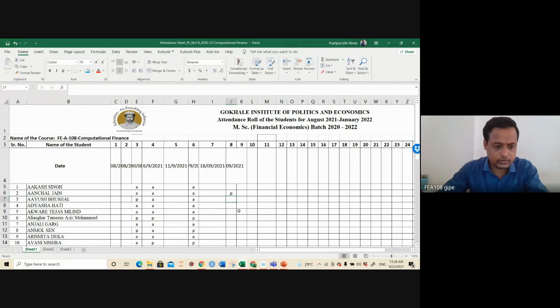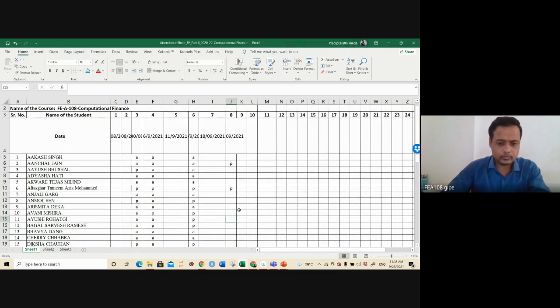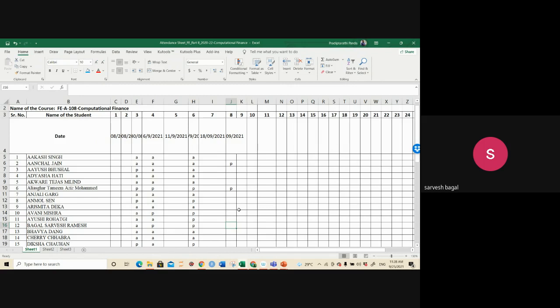Ayush, Adhyasa, Tejas, Anjali, Anmol, Parismita, Ayushi, Sarvesh, present, sir.